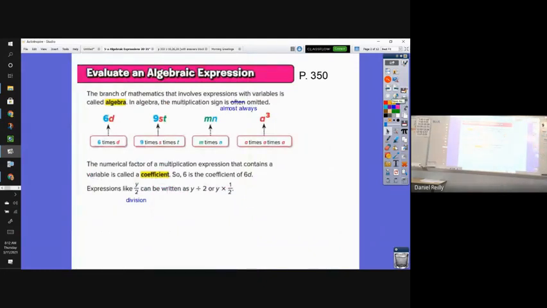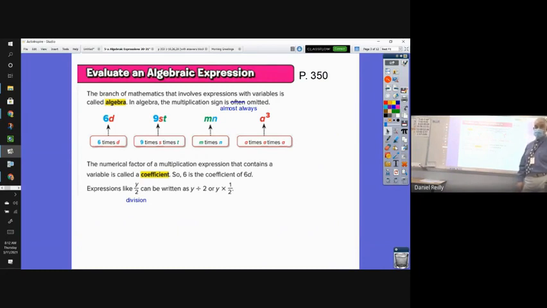Okay, so here is more vocabulary. I think these are all terms that you have already seen. The branch of mathematics that involves expressions with variables, letters in them, is algebra. In algebra, the multiplication sign is almost always omitted.